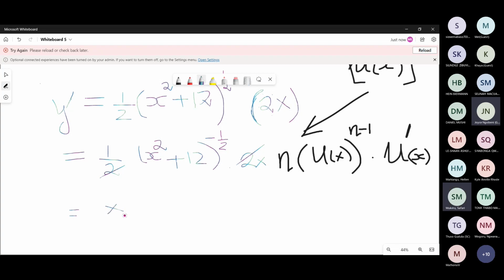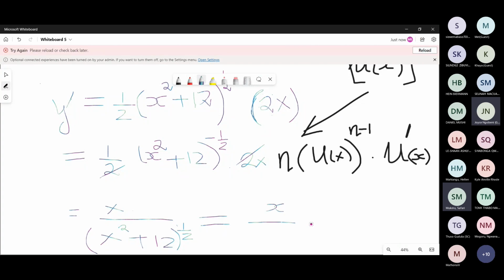The negative power can go down: if you bring it down, it becomes power half. Remember, a number power half is simply equal to the square root, right?